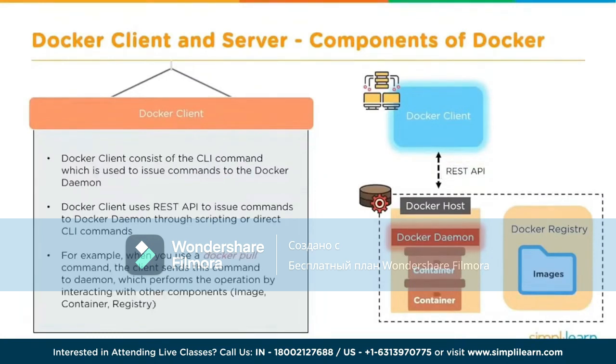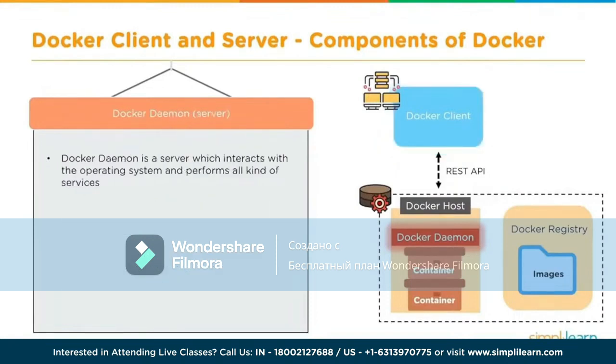So you can do similar communication such as a docker pull command, which would send an instruction to the daemon, which would then perform the interaction of pulling in the correct components, such as an image or container or registry, to the Docker client. The Docker daemon itself is actually a service which performs all sorts of operating and performance services. And as you'd imagine, the Docker daemon is constantly listening across the REST API to see if it needs to perform any specific requests.